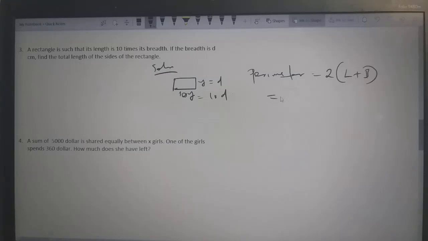Already you know that your length is now 10d, and your breadth is now d. So this will be equals to 2 times 11d, and this one implies multiplication, and that will be 22d, and there is your answer.